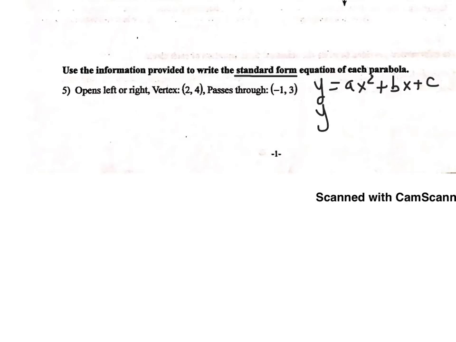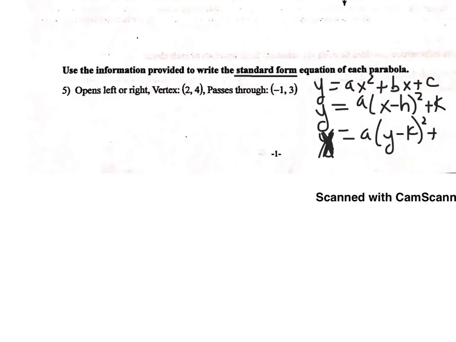The vertex form looks like this. Y equals a times (x minus h) squared plus k, or x equals a times (y minus k) squared plus h.